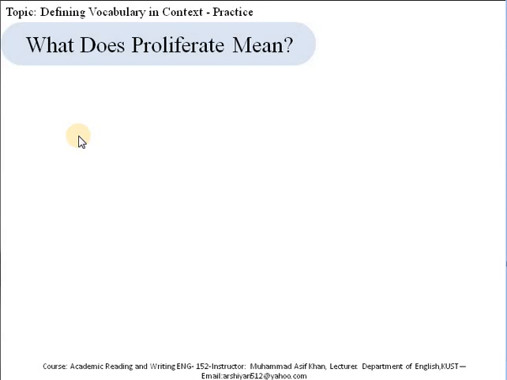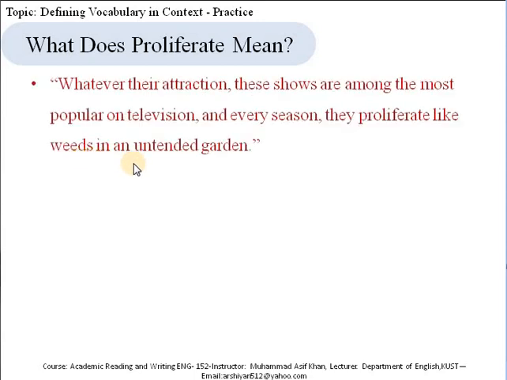Look again at the sentence in the passage in which the word proliferate is used. Whatever their attraction, these shows are among the most popular on television, and every season they proliferate like weeds in an untended garden. Again, if we have no idea what the word proliferate means, we can still tell what kind of word it is by the way it is used in this paragraph, and by knowing the surrounding context of this word, we can find the meaning.